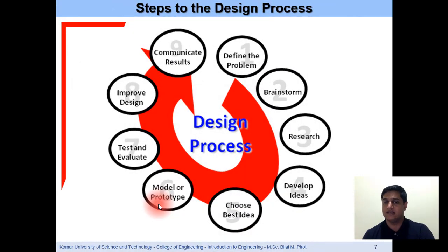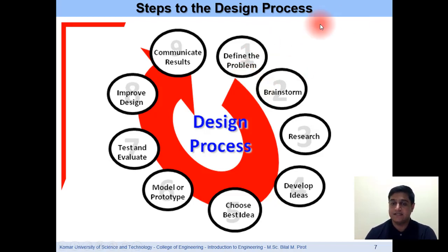Now we will talk about the main steps of a design process. There are 9 different steps for a design process. It is very important to follow these steps while designing anything. No matter what kind of product or service you want to produce, you should follow these steps very carefully. Each step will give you some idea, and also each step needs some skills and knowledge to be accomplished.